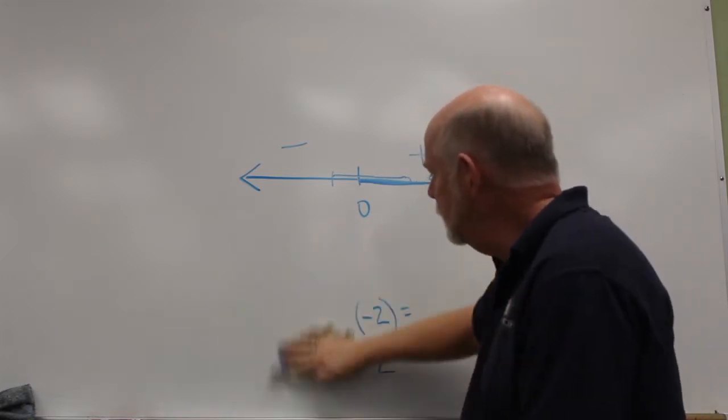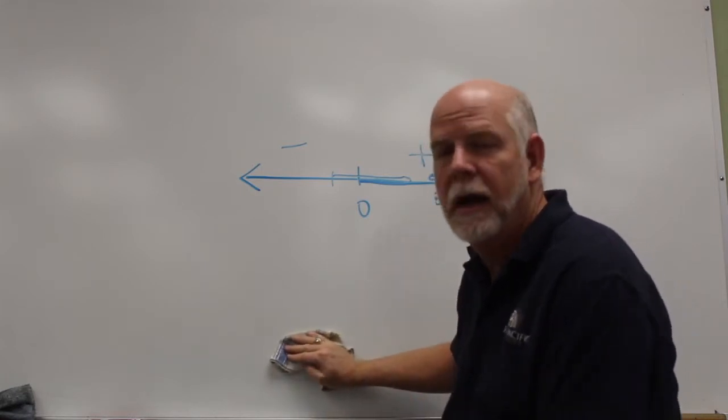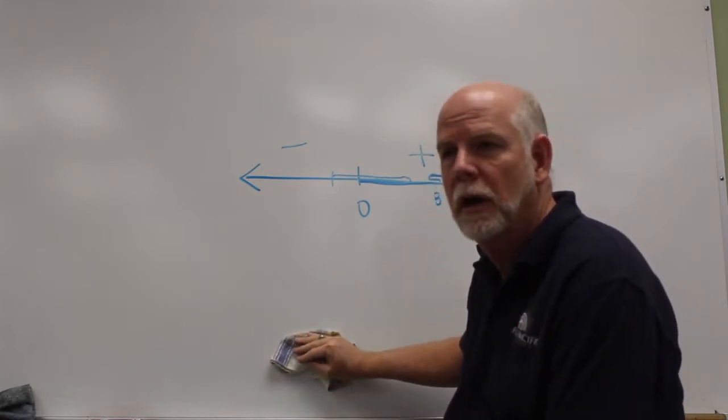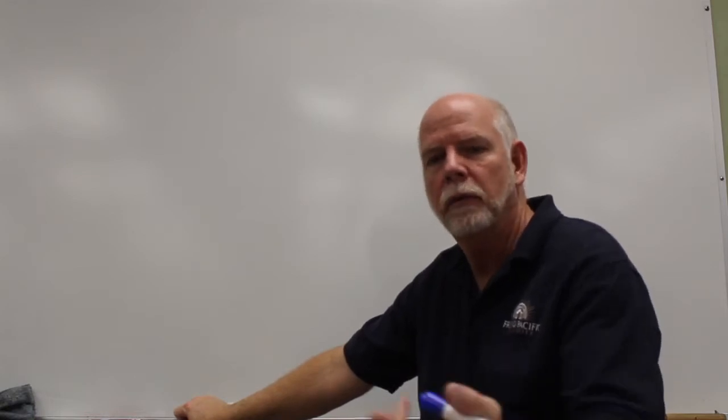Really, when it comes down to this, though, it's always best in math, in my opinion, to have a rule for things, as long as you can understand that rule and follow that rule. Okay? And rules within math are very specific. And in fact, I refer you to a video.